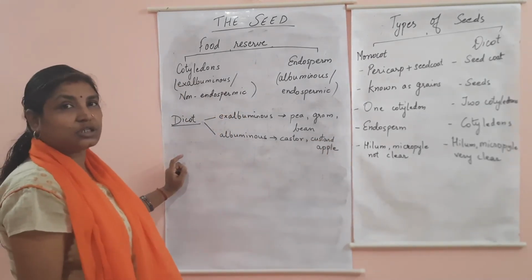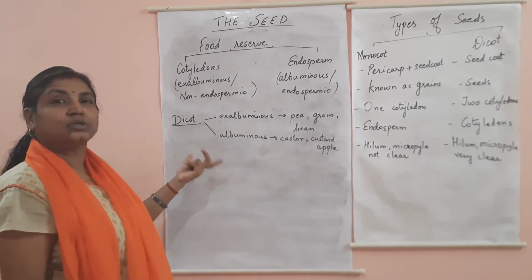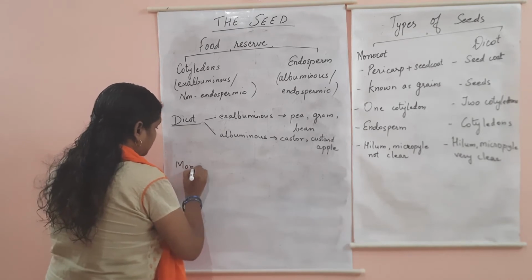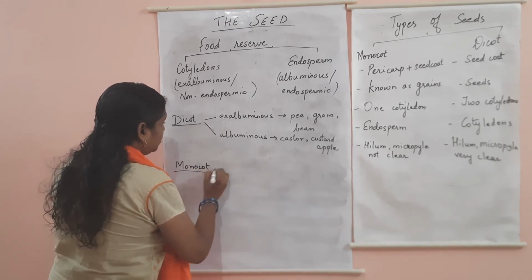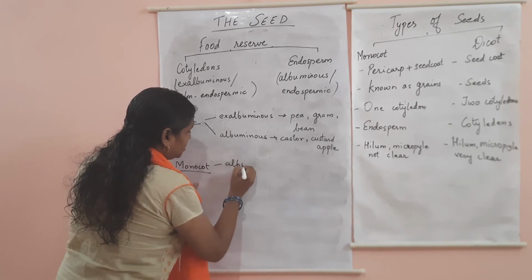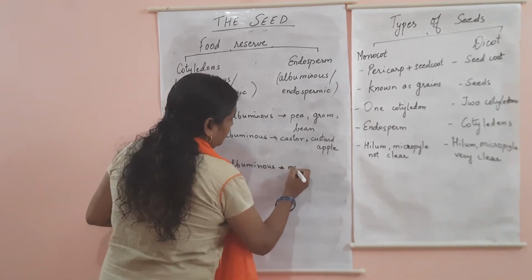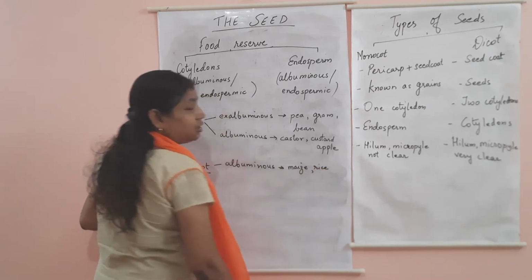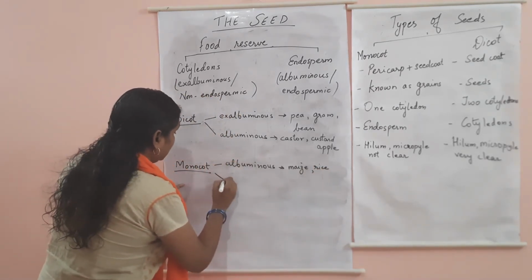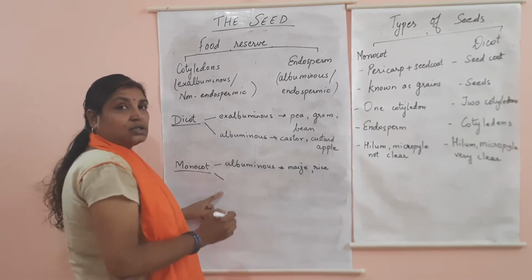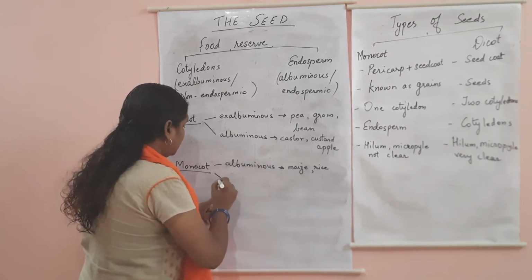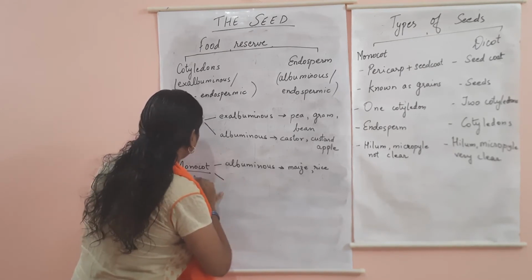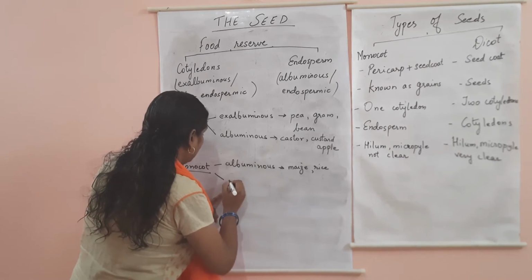Same way in monocot seeds also you have exalbuminous and albuminous seeds. So in monocot, the examples of albuminous are maize, rice, wheat, etc. But there are certain monocot plants where the food is stored in the form of cotyledon, means the food is not stored in endosperm.